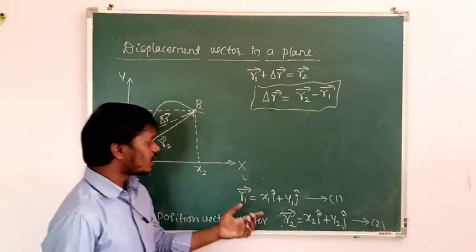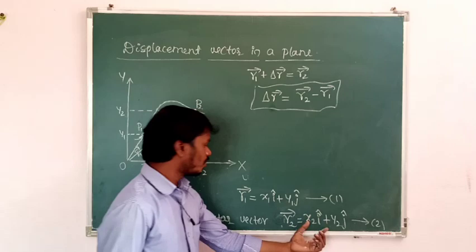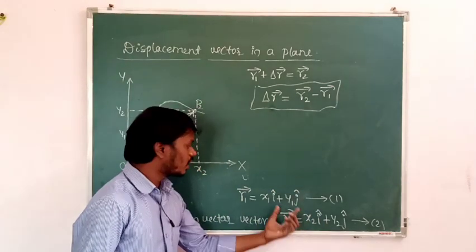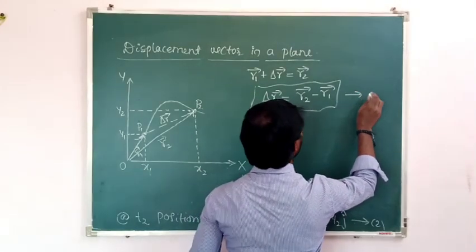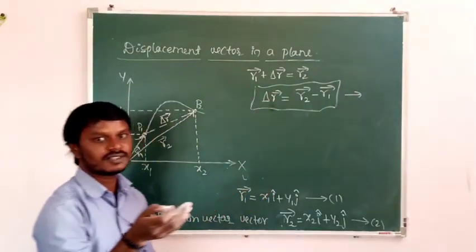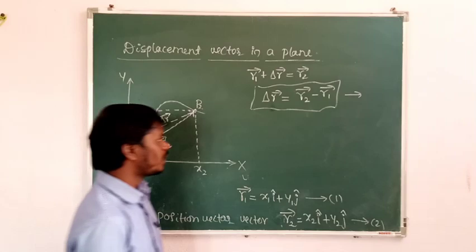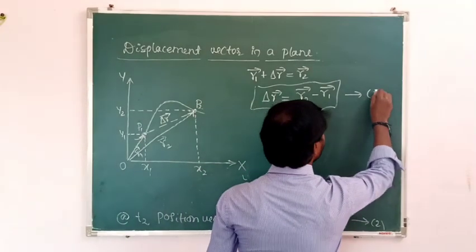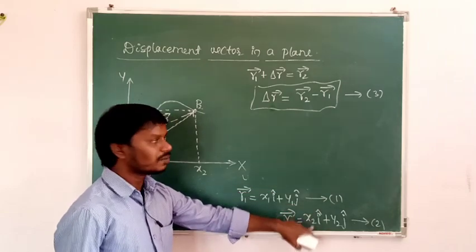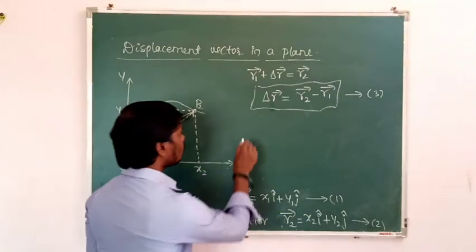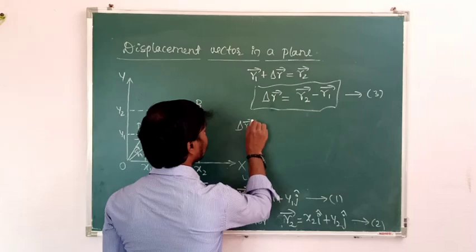So let us substitute the r2 value and r1 value. I will put the r2 and r1 values into the equation. So we will get the x component of the displacement vector and also the y component of the displacement vector. It is equation 3. Substituting equations 1 and 2 in equation 3: delta r is equal to, what about r2?